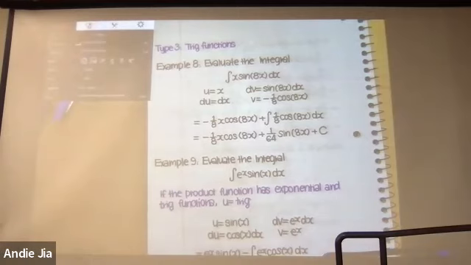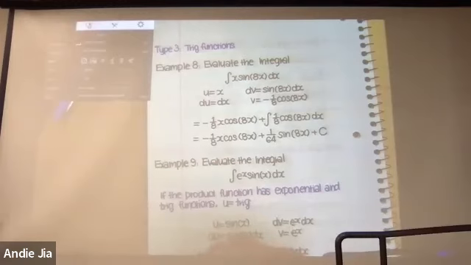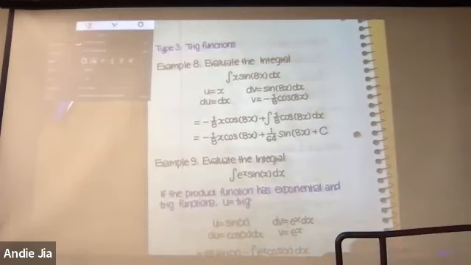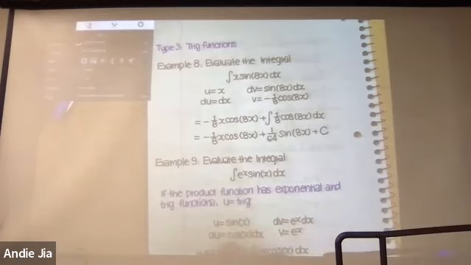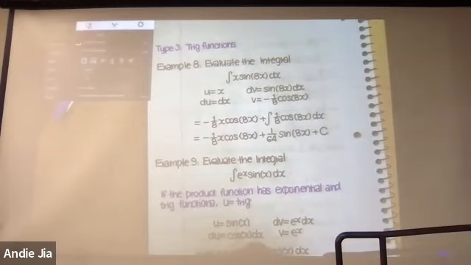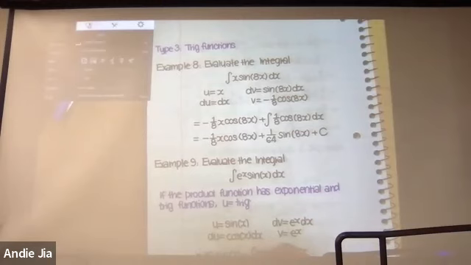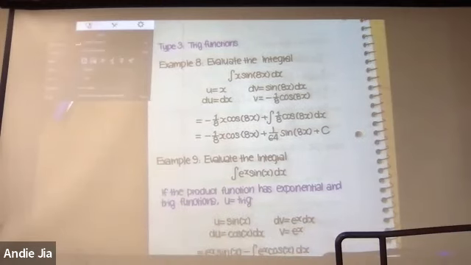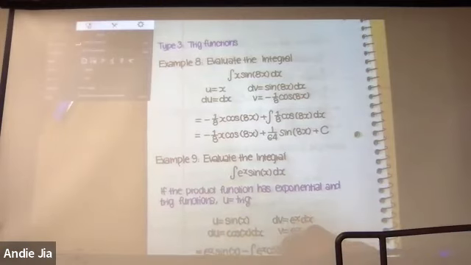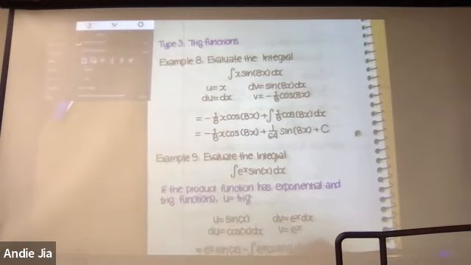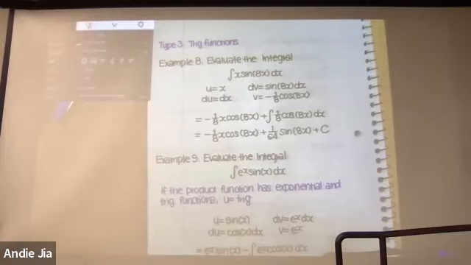Let's use it again. u equals cosine of x, du is negative sine x dx, and dv is e^x dx, v is e^x. There's a whole lot of mess here, right?